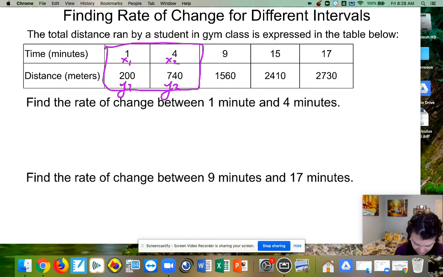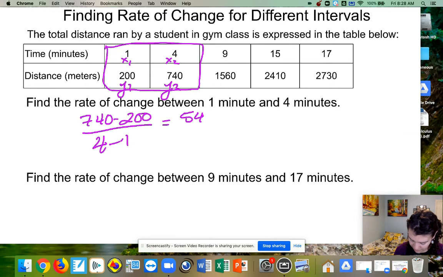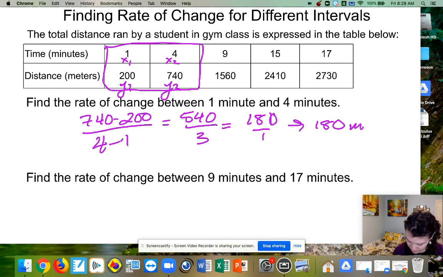So you want to take 740 minus 200 over 4 minus 1. You'll get 540 over 3, which then will simplify to 180 over 1. Or what this means is that we're going 180 meters per 1 minute.